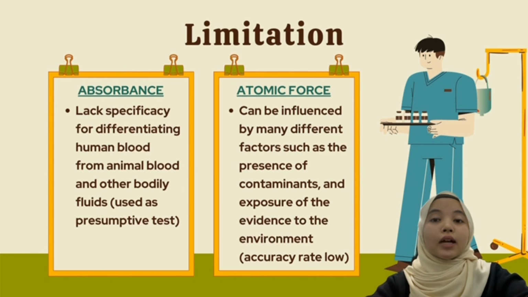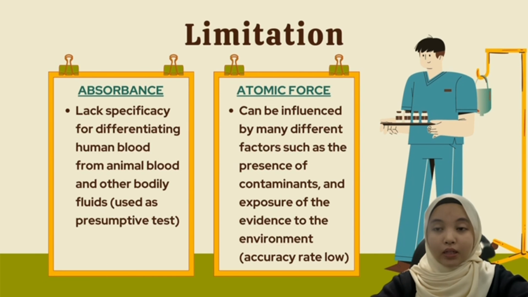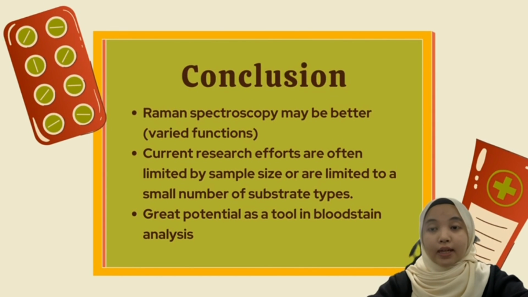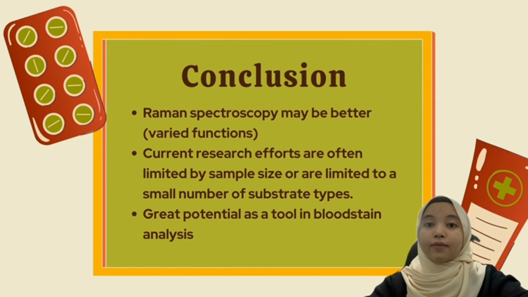Specifically with regards to bloodstain age estimation, many validation studies would be required before this technique could be considered for use in a forensic context. All in all, many of these studies share similar limitations and the need for further validation and optimization.